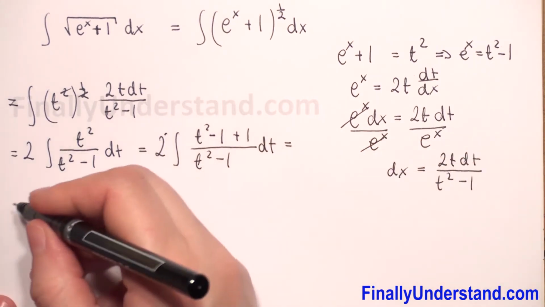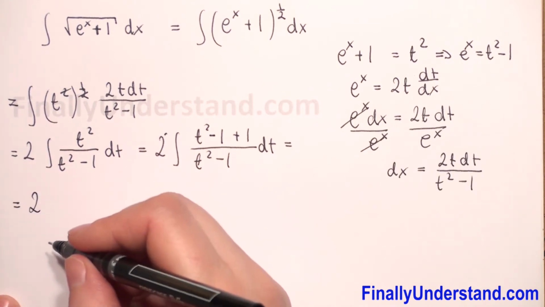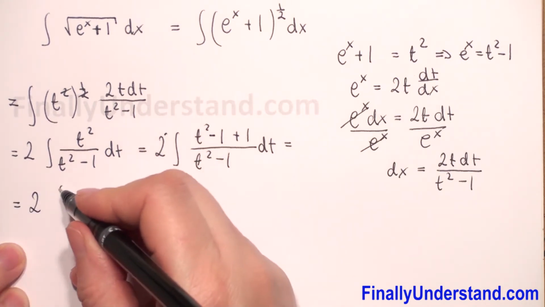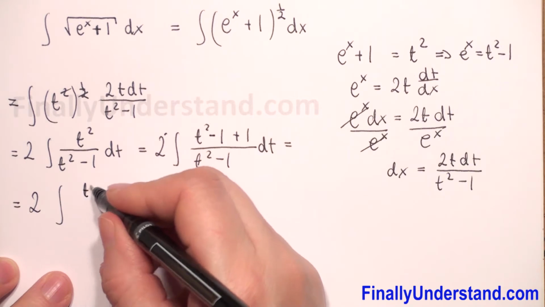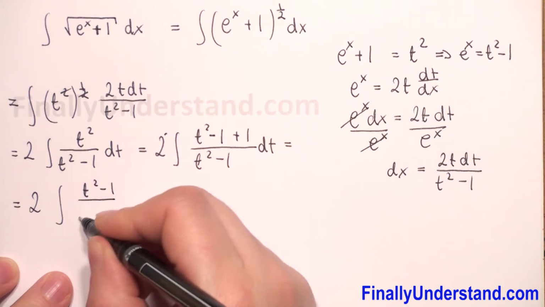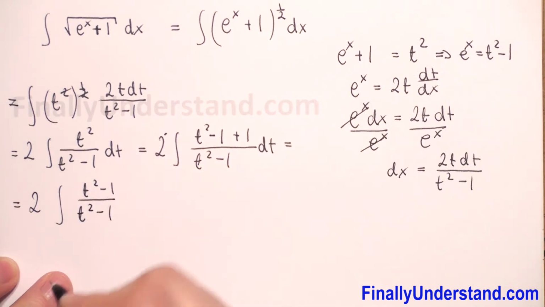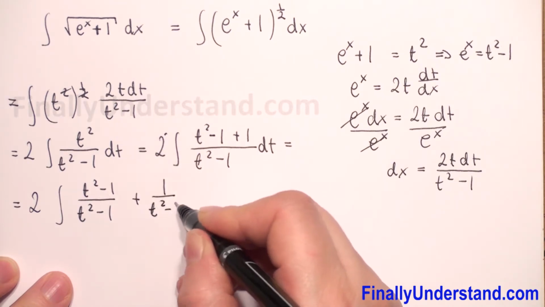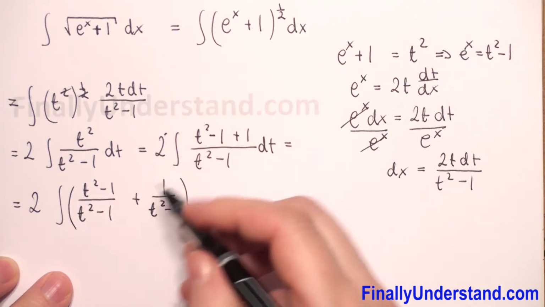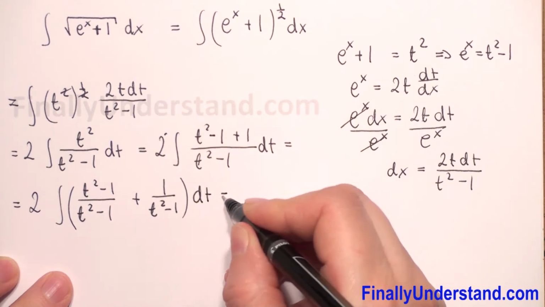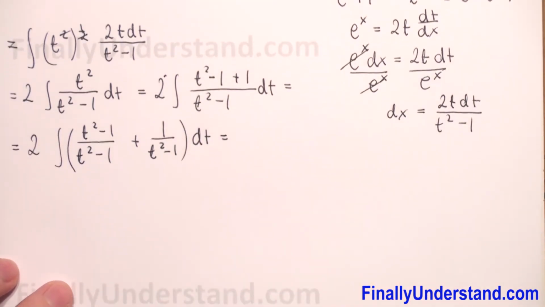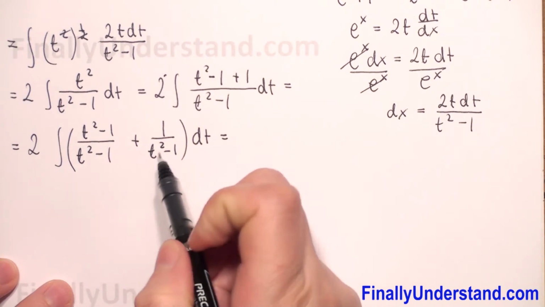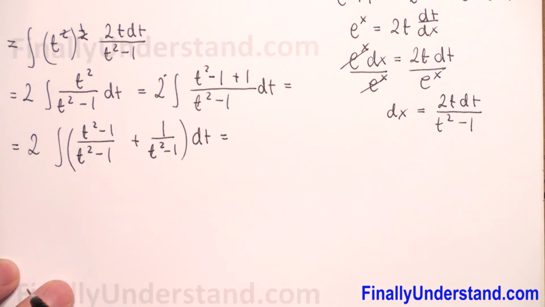So this is equal to, we have to copy 2, and we have integral of t square minus 1 over t square minus 1 plus 1 over t square minus 1 with respect to t. So this is equal. We have integral of sum, so this is equal sum of integrals.